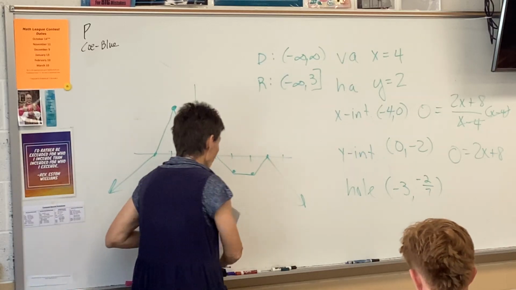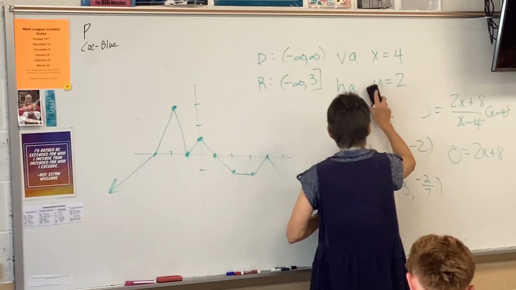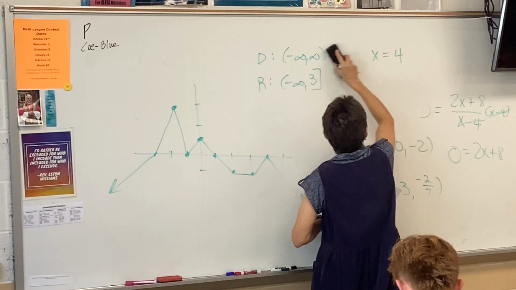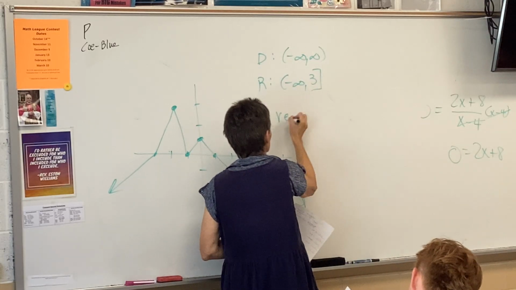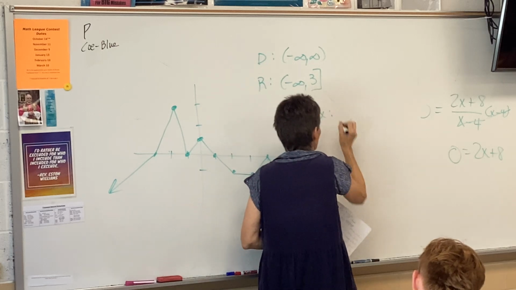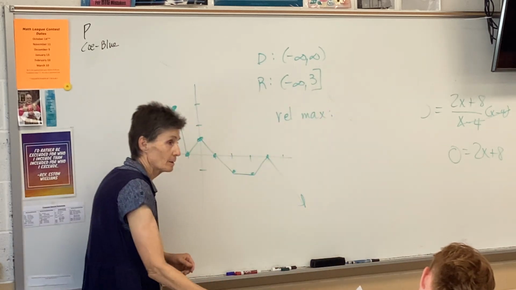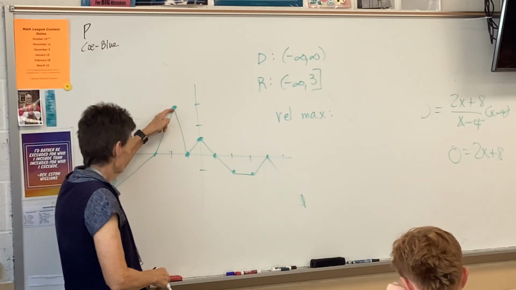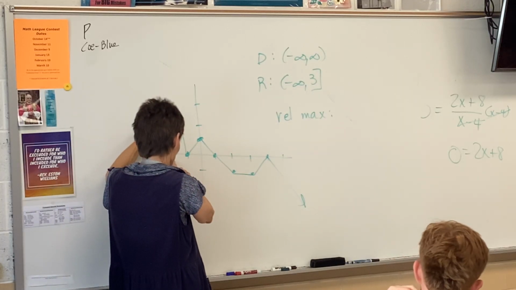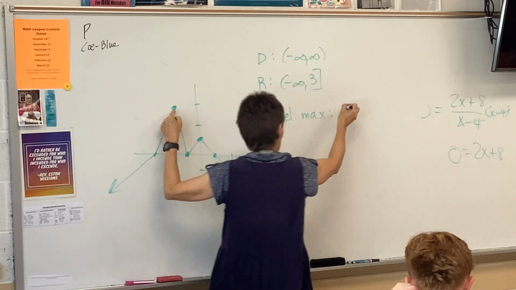All right, local or relative maximums. Local and relative are the same thing. The relative maxes happen where? Looks like I got one right here. So that is negative 2, comma 3.